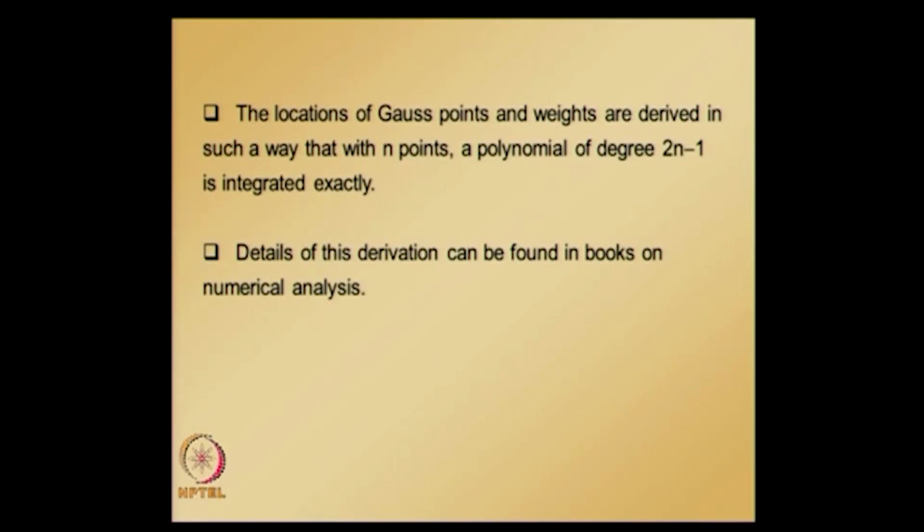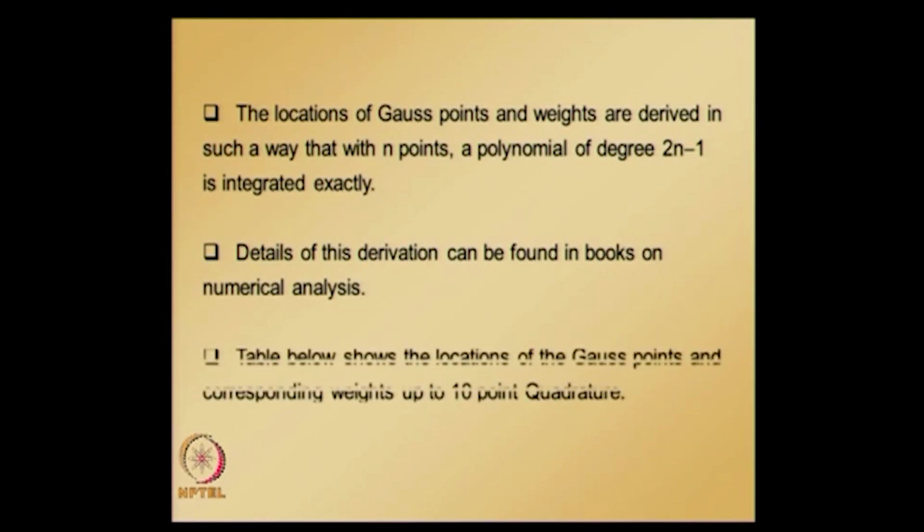And here, directly, the locations of Gauss points and corresponding weights up to 10 points, that is 10 point quadrature, are given in the table below.